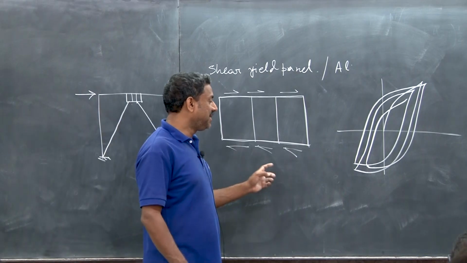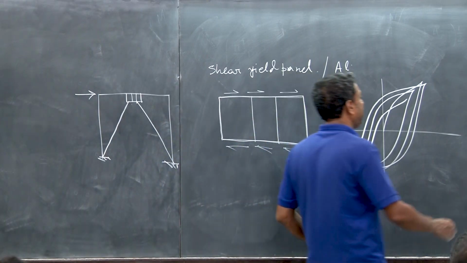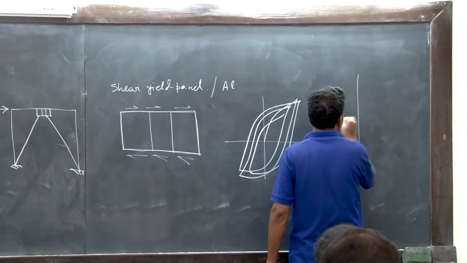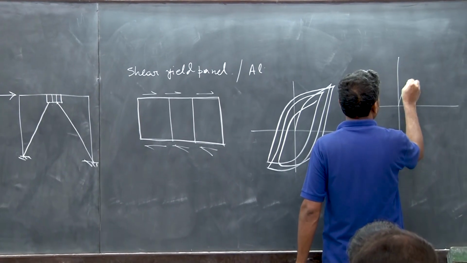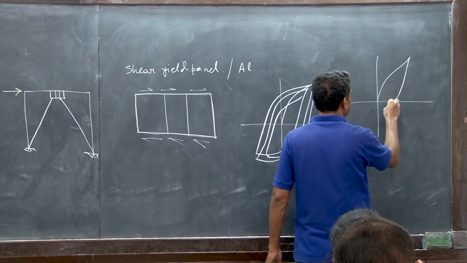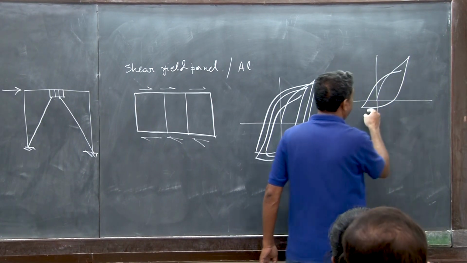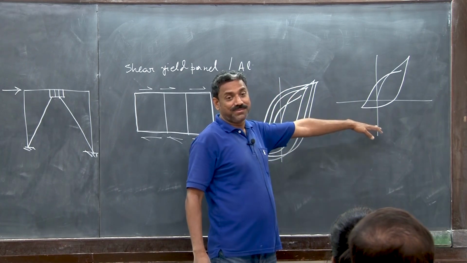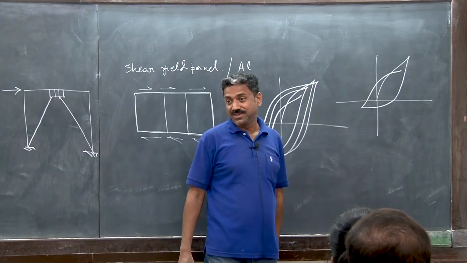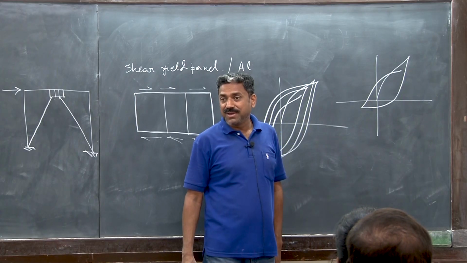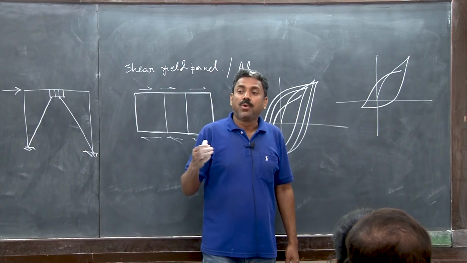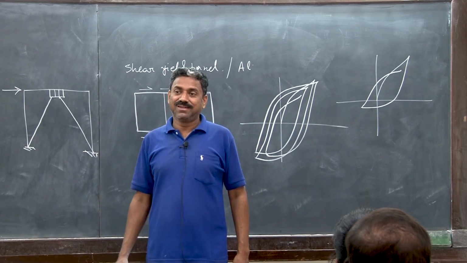You will see that if you just take a simple brace and allow it to buckle inelastically, in tension it will definitely do well, okay, but in compression it will come and then go once again. Why is it not able to come back? Because it is buckling prematurely. If it buckles prematurely, it is a geometric instability. It is not allowing it to mobilize its full strength through yielding.